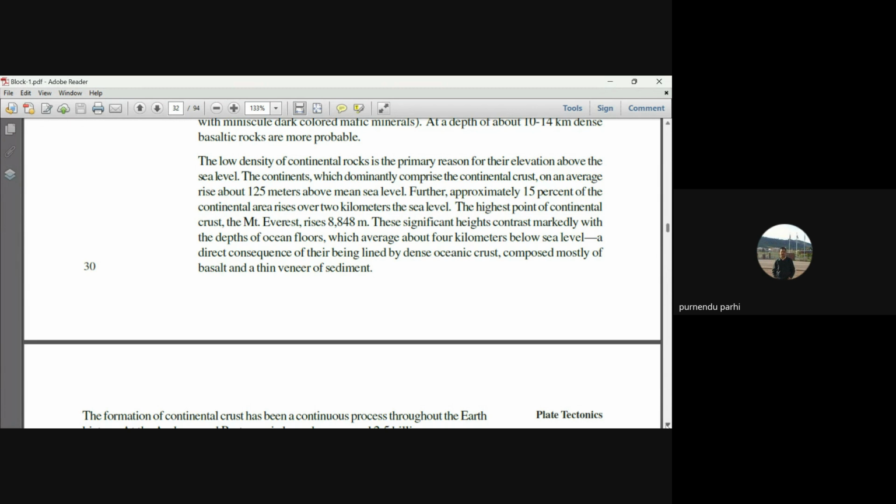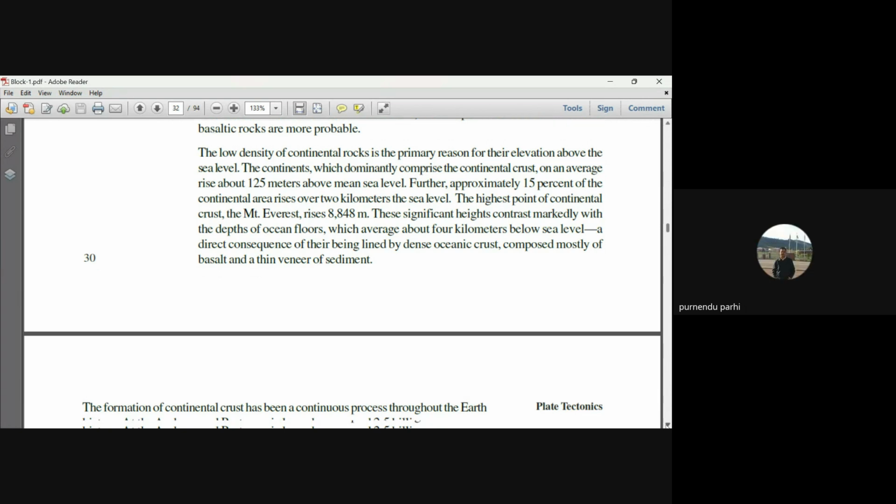These significant heights contrast markedly with the depth of the ocean floor, which averages about 4 kilometers below sea level. A direct consequence of this is their being lined by dense oceanic crust composed mostly of basalt and a thin veneer of sediment.